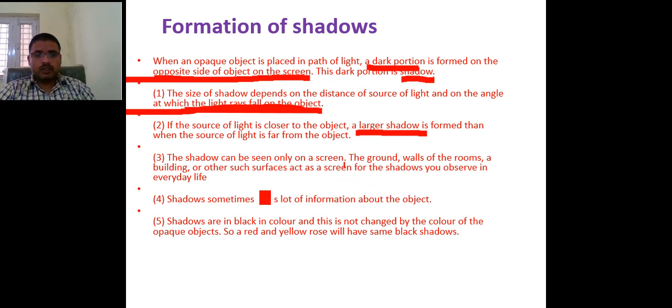The shadow sometimes gives a lot of information about the object. Shadows are black in color. This is not changed by the color of the opaque object. Whenever shadows are formed, they are always black in color.